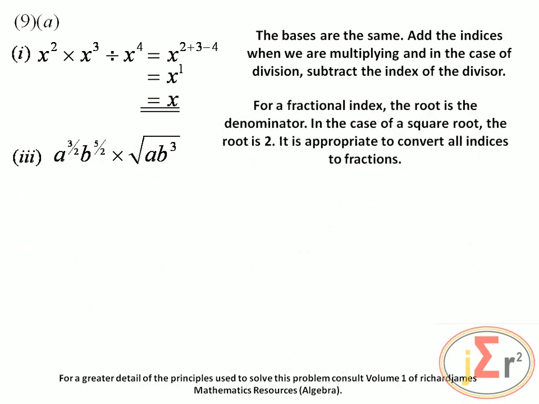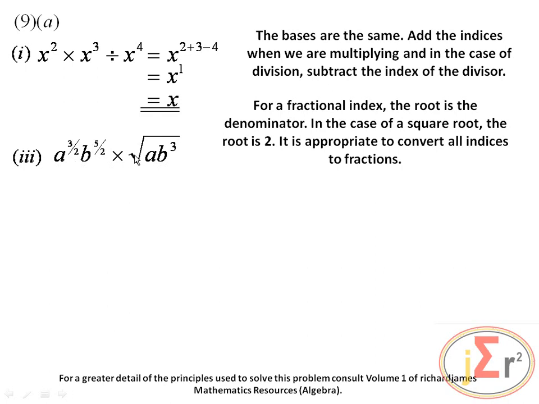For a fractional index, the root is the denominator. In the case of a square root, the root is 2. It is appropriate to convert all the indices to fractions. So we have the square root of ab cubed. Here we have a to the power of 3 over 2, b to the power of 5 over 2.